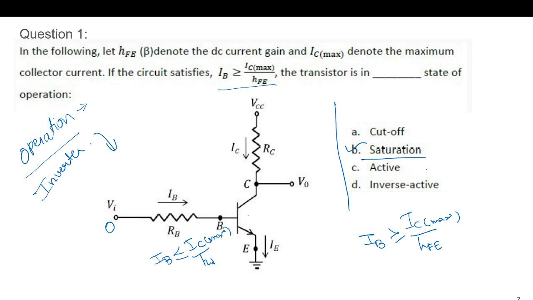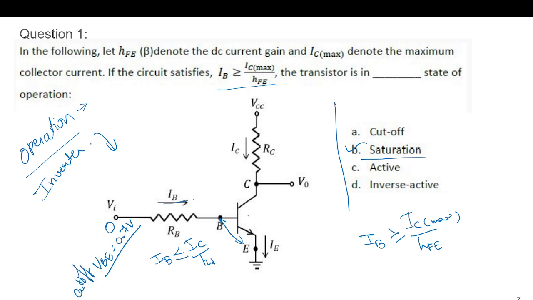Okay, if it is IC minimum, what will happen? Till this potential, VBE is 0.7 volt, till that it will be in cutoff.